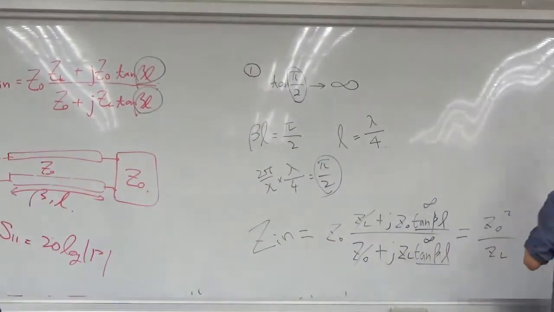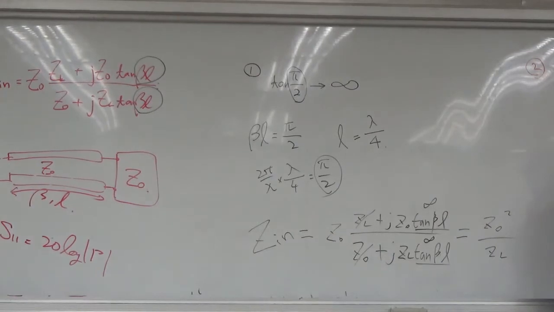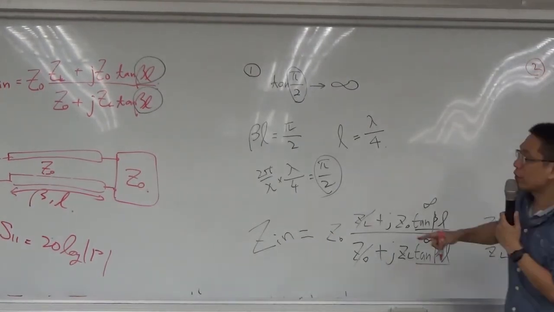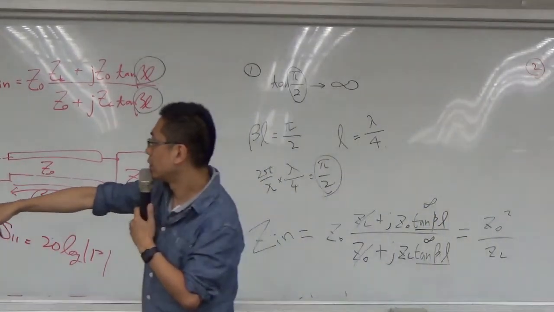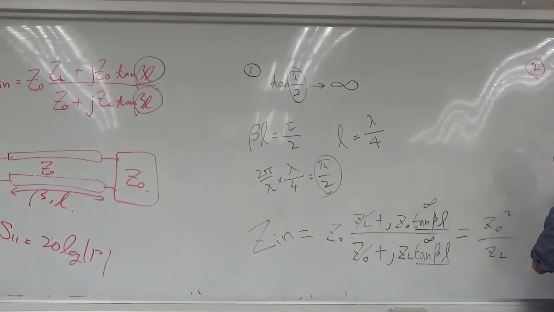Another case, anyone? I want to use another point. Tangent pi equals Z. I want to use one. Anyone? Raise your hand. Come here.